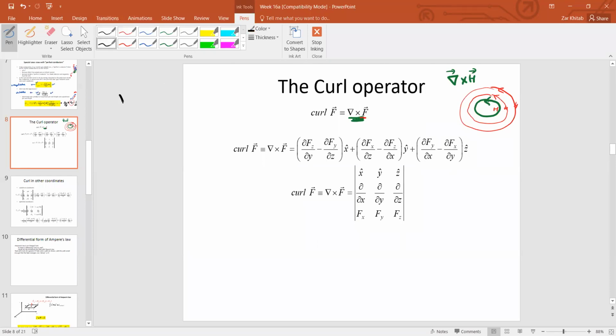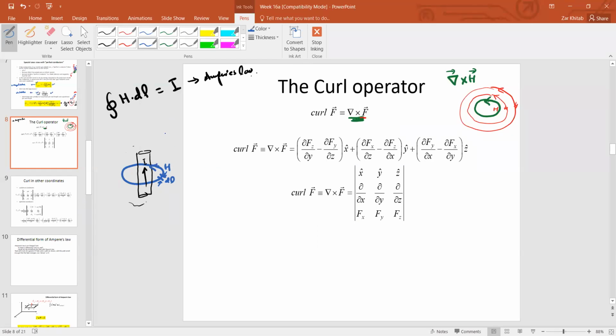And just like we saw the equation of H dot dl, the closed loop integral, this was the current I, if you remember, this was Ampere's law. Look, if current I is flowing through a wire, and say the wire is a closed wire, then the magnetic field around it is H, and say this is the dl, the differential length of the path.